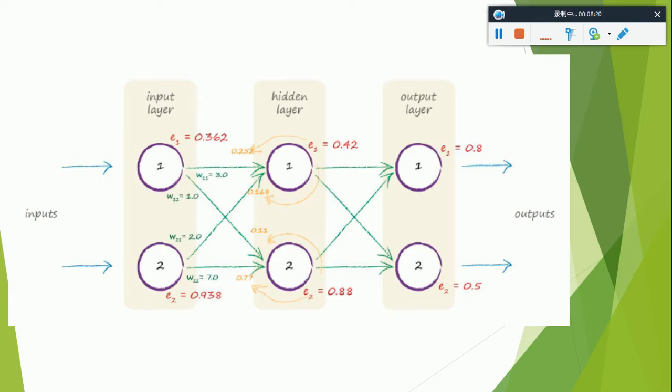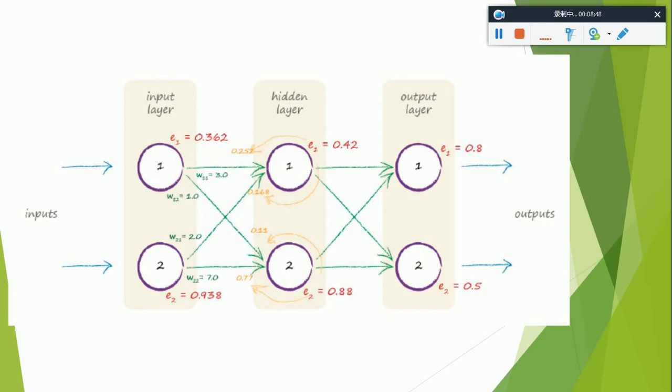Let's assume that we have an error of 0.8 in the output of row 1. So we have to reverse the whole process to calculate the error of row 1 in the hidden level, which gives us 0.45 and 0.42.